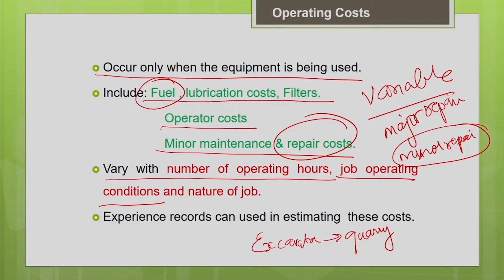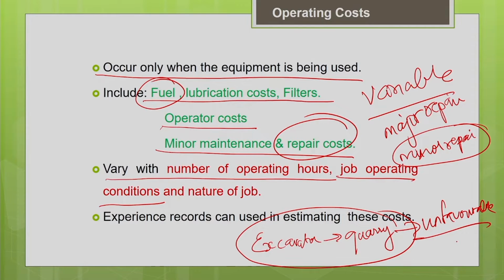Comparing these two, the one working in the quarry is in a severe or tough operating condition, which we can also call an unfavorable working condition. In that condition the operating cost will be more: the fuel consumption, the power consumption, the repair cost, and the wear and tear will all be more. So the same machine put under different operating conditions shows a difference in operating cost.